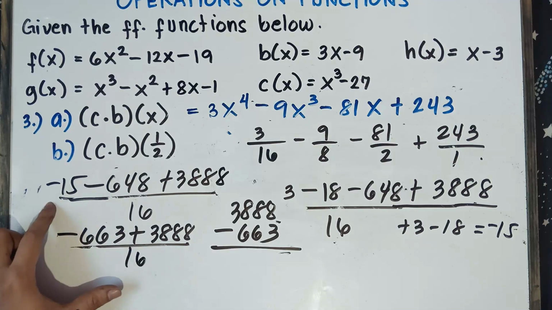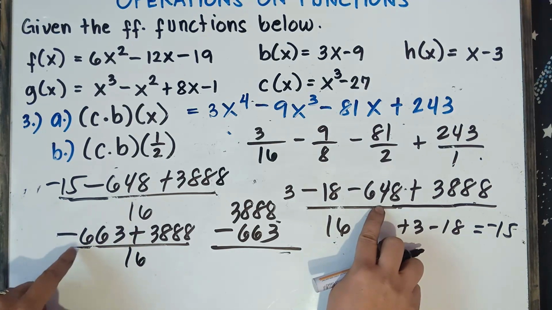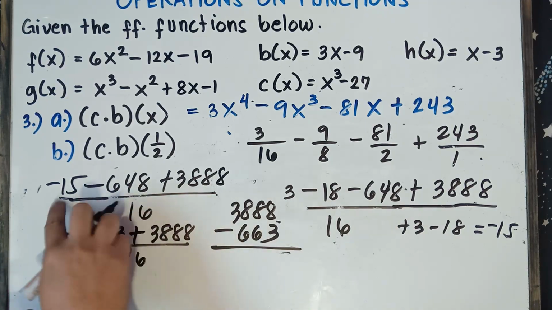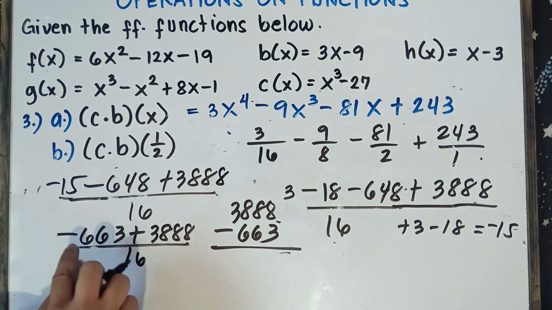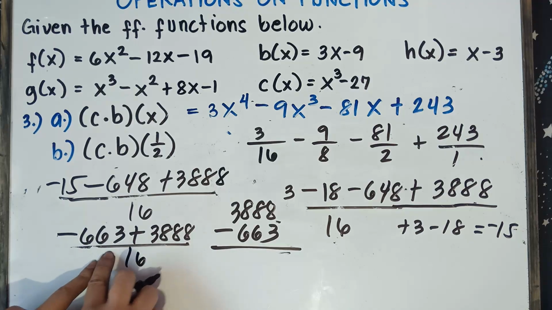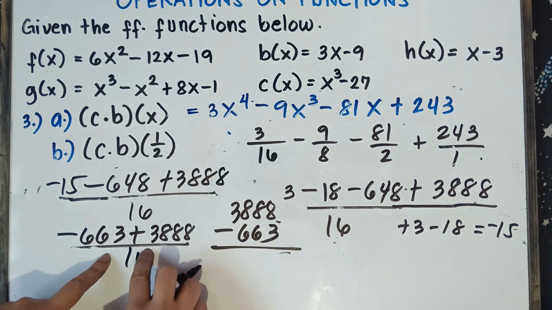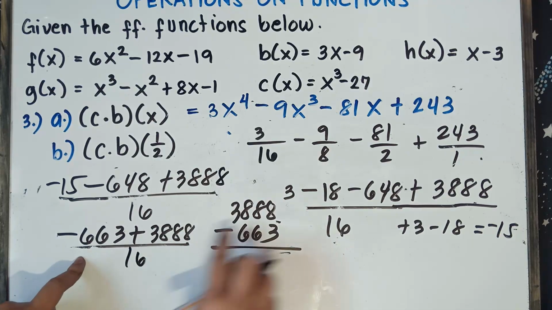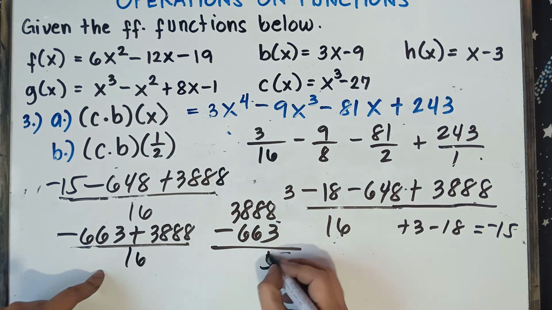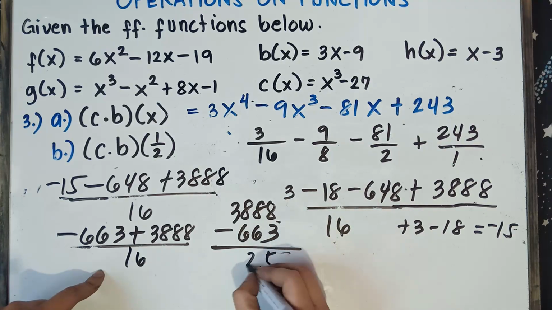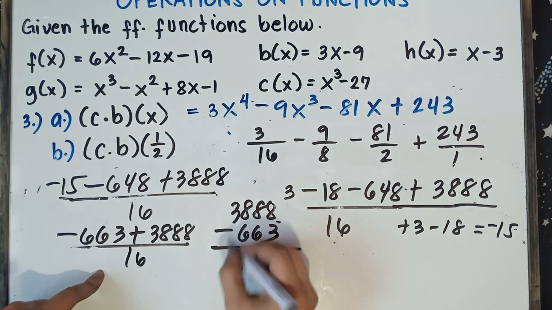And then negative 15 minus 648, the answer is negative 663. Same sign, copy the sign, add. And then plus 3888. Unlike sign, subtract. 8 minus 3 is 5, 8 minus 6 is 2, 8 minus 6 is 2. Bring down 3.